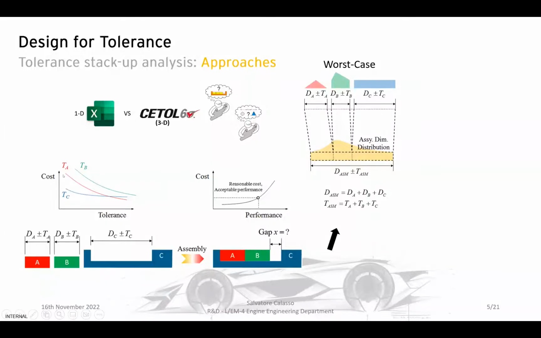But the reality is that closer tolerances also mean more expensive. So the goal for the assembly is sure to have a minimum cost for acceptable performance for the entire assembly.